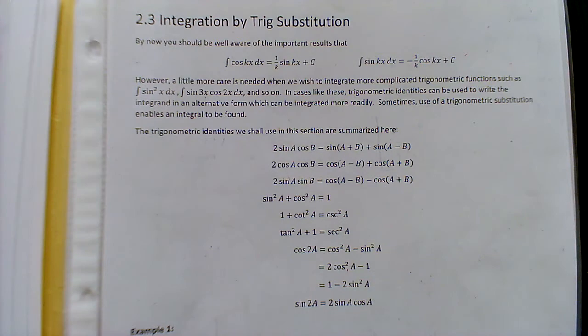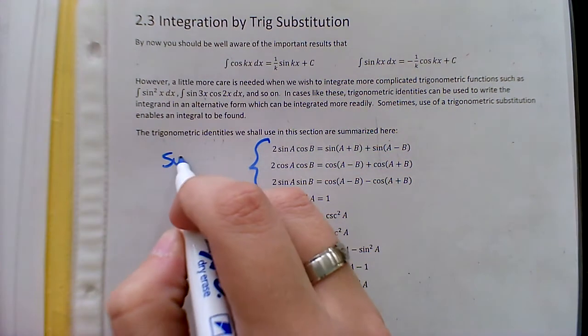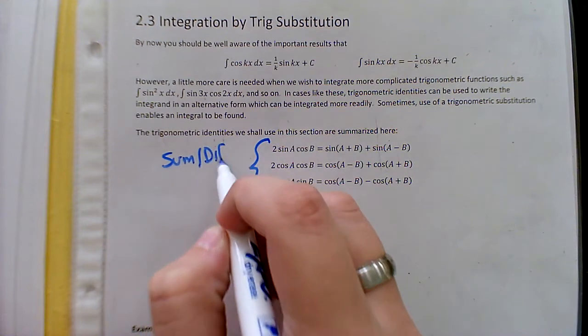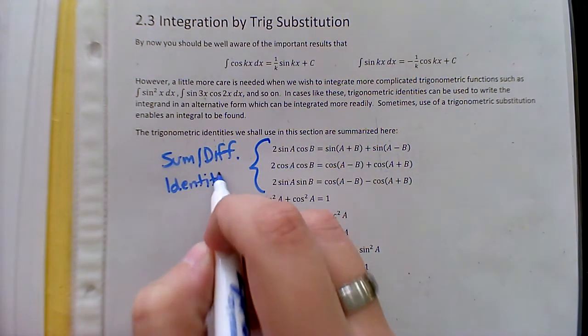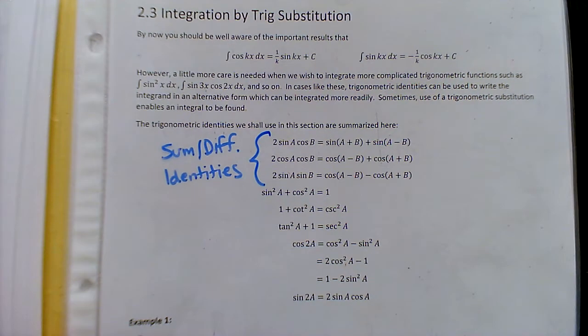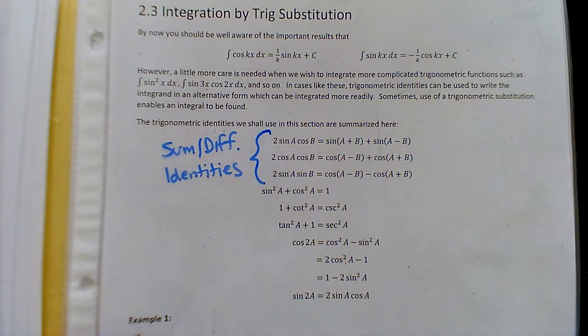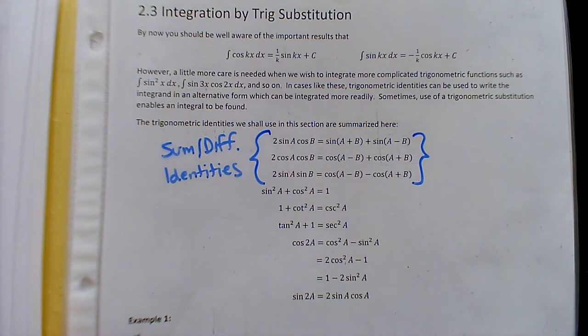The first three at the top are what are referred to as your sum or difference identities. I have no idea if these look familiar to you guys or not. It all depends on who you had for pre-calc, how far you got into the course, all that jazz. There is something worth noting here about these three.